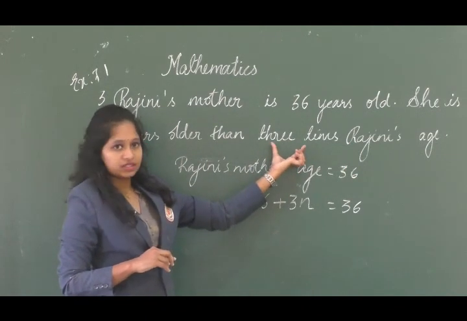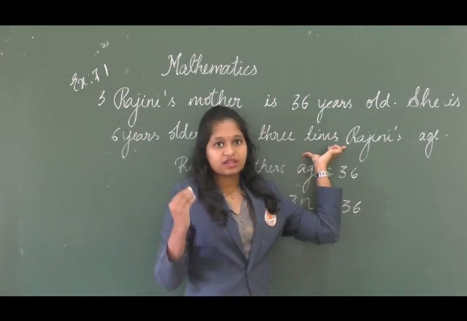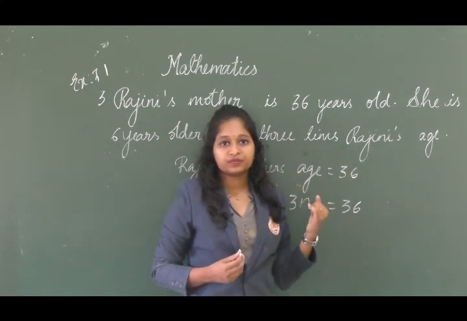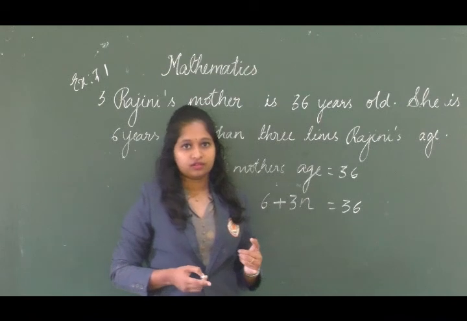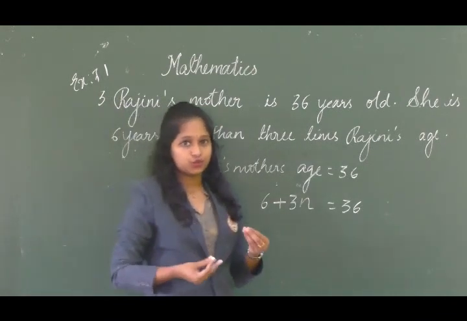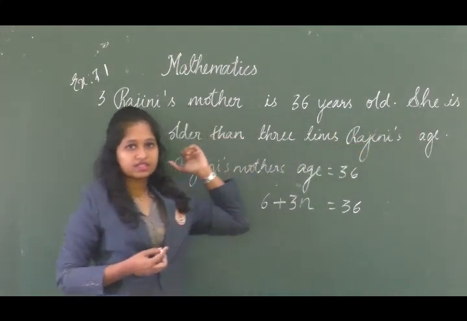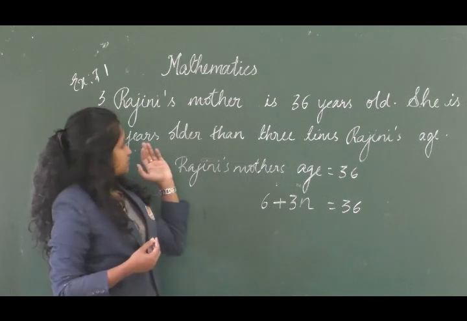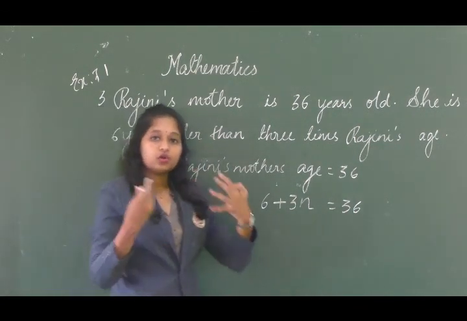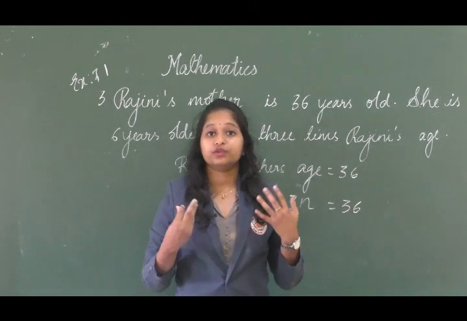So take this part. If we take Rajni's age as n, then 3 times Rajni's age is 3 into n. In the smaller grades you have learnt 3 times means into. So 3 into n. And read the complete sentence once again. She is 6 years older than 3 times Rajni's age. 6 years older than, that means it's more. More means what you have to do? You have to add.